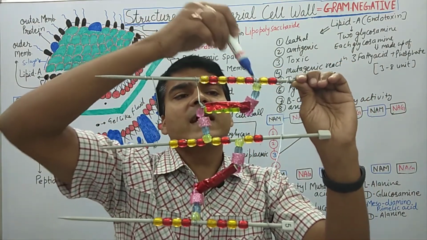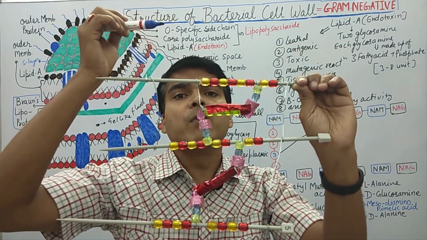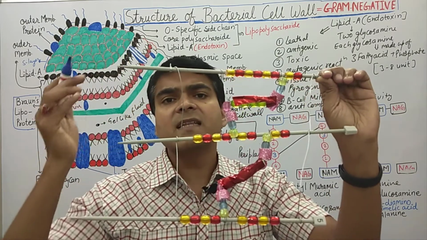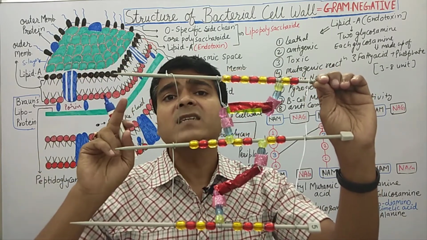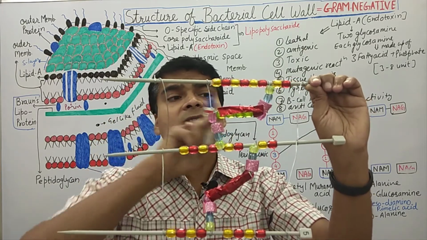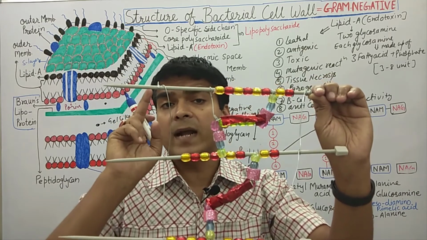Here the tetrapeptides are connected with each other with the help of a covalent bond. Here they are not making a pentaglycine bridge. The pentaglycine bridge is made between the third amino acid and the terminal amino acid in gram-positive bacteria.